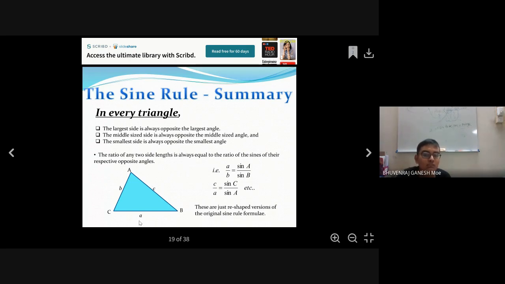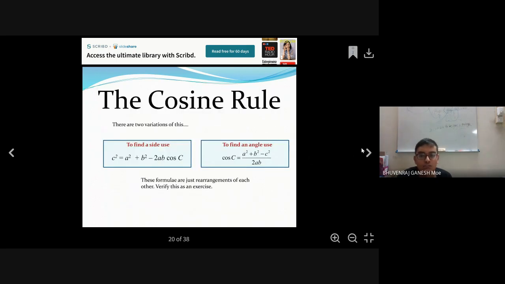So a over sine A is equal to b over sine B. So c over sine C is also equal to a over sine A, opposite sides and angles. They are just reshaped versions of the original sine formula. So you can modify this formula any way you want, as long as you can find all the components of the triangle, which are the lengths and angles. Next one, cosine rule already.